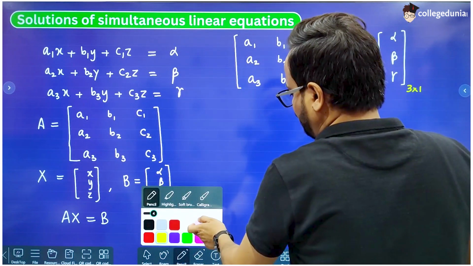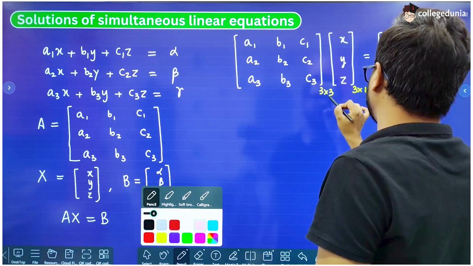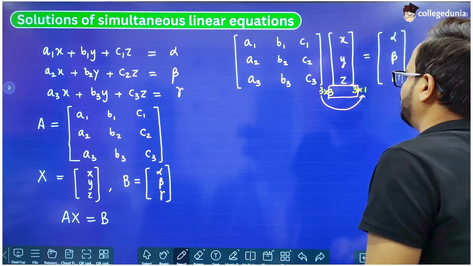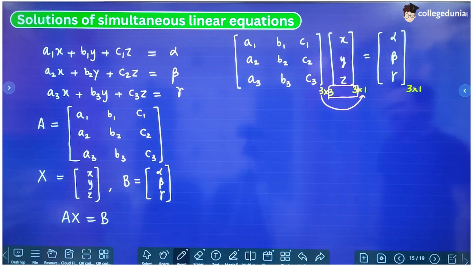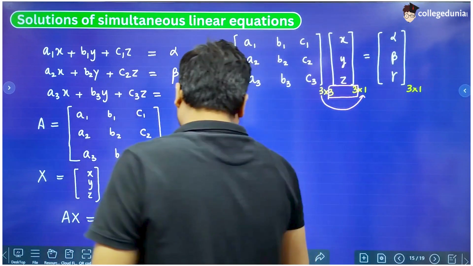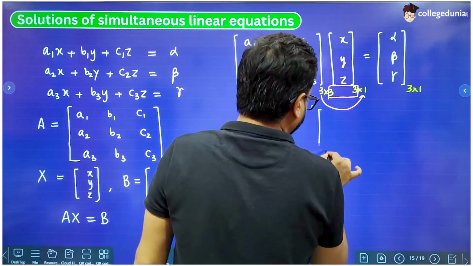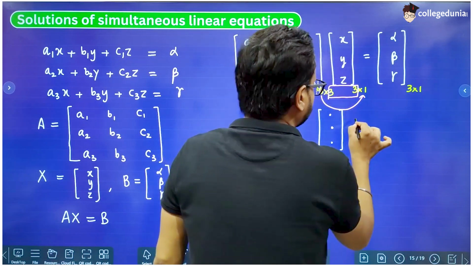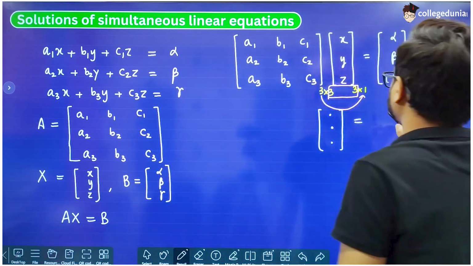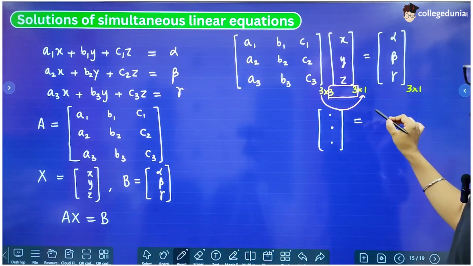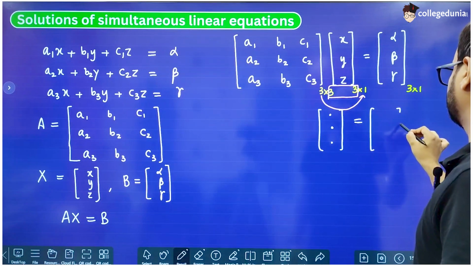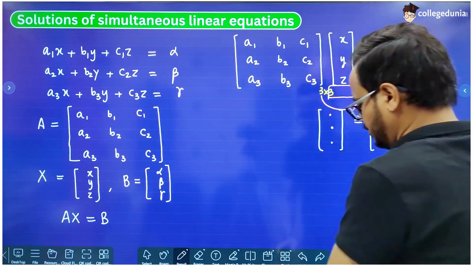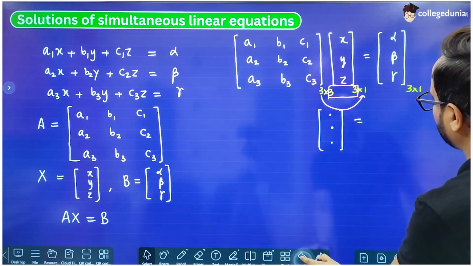And we know that if we multiply these two matrices, they can be multiplied because these two numbers are same, so we will get a matrix of order 3 by 1, and that matrix looks something like this, and that is equal to this. Wait.